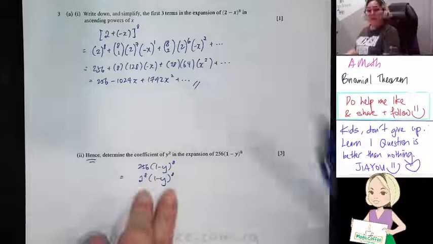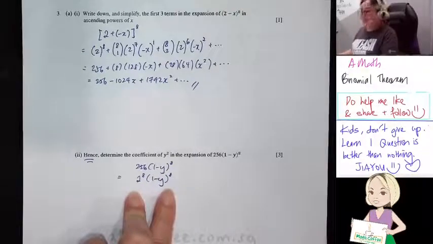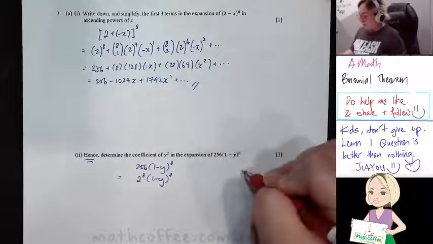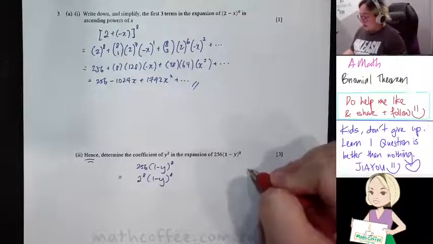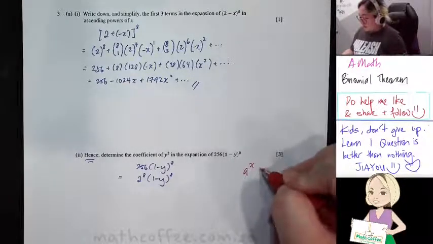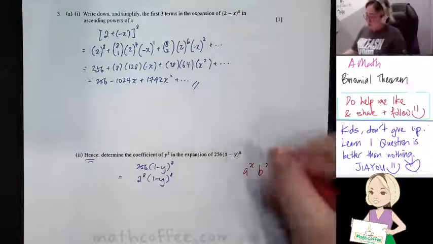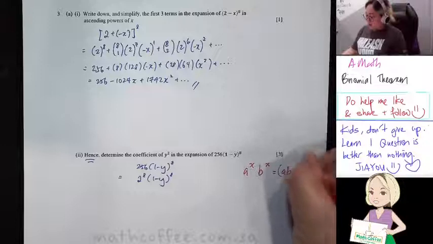Over here, make use of the indices law, whereby different base but same power. So I write it at the side here. If I have a to the power of x and b to the power of x, different base but same power, this equals ab to the power of x.